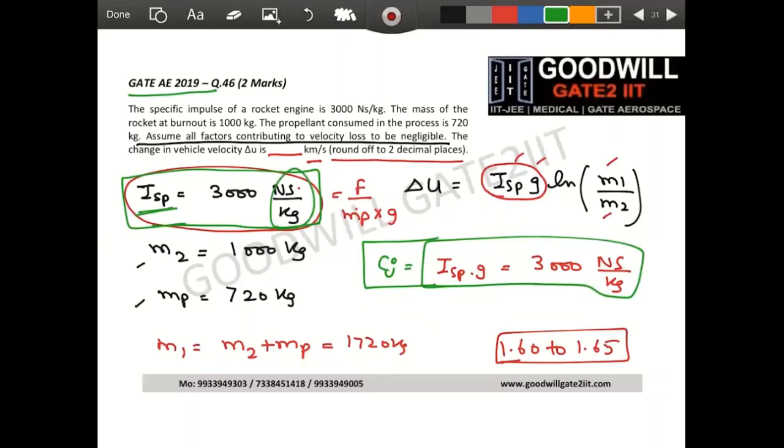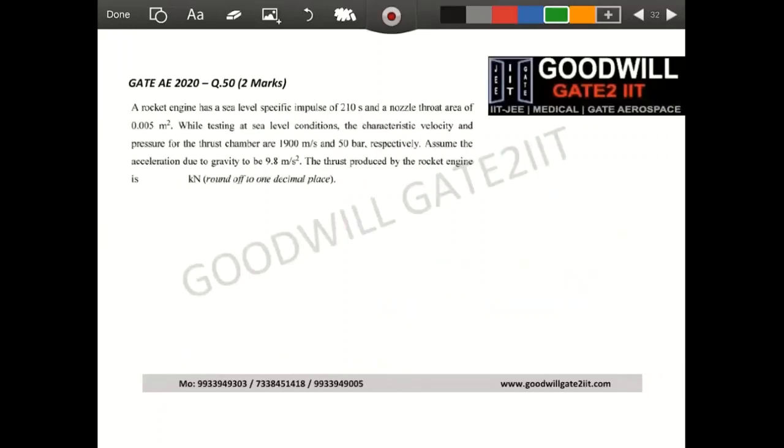Okay, try out this. This is ours in 2020. I'll wait for some time, try to solve this, finish this, then we'll see 2021 and then the numerical asked in 2014, which is a lengthy question. A rocket engine has a sea level specific impulse of 210 seconds. So let me write the data.